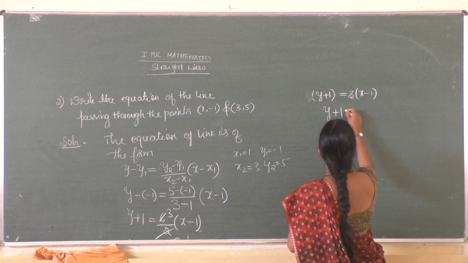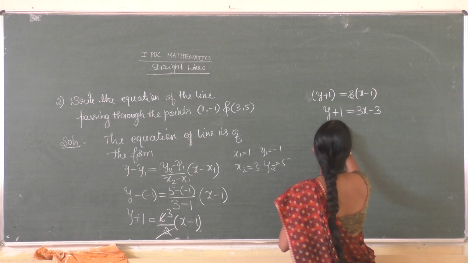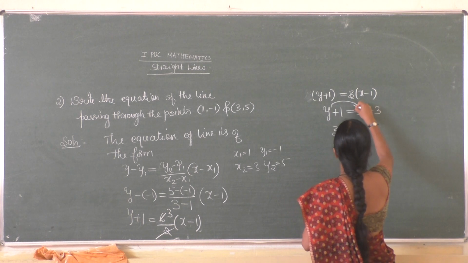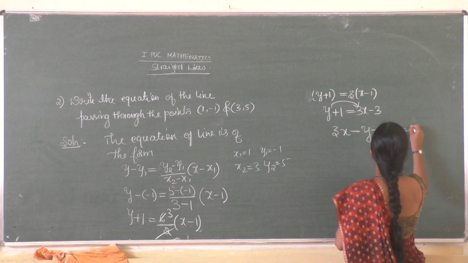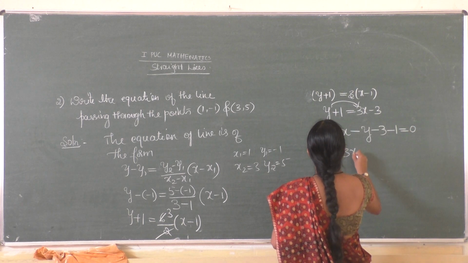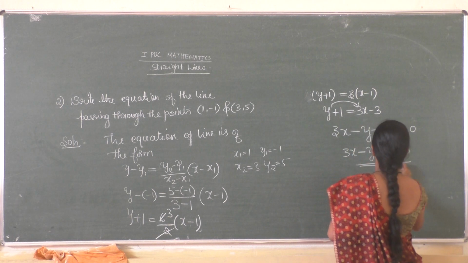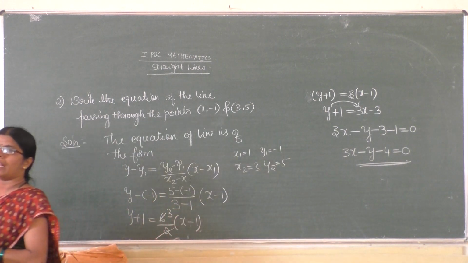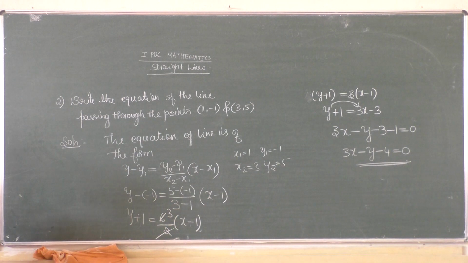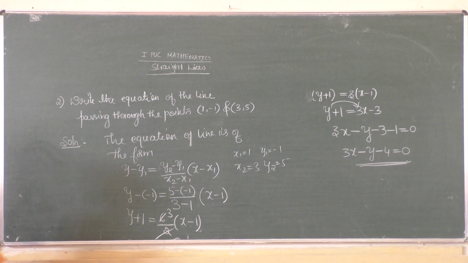So y plus 1 is equal to 3x minus 3. Bring y to this side: 3x minus y minus 3 minus 1 equal to 0. So we get 3x minus y minus 4 equal to 0. So this is the equation of a line.